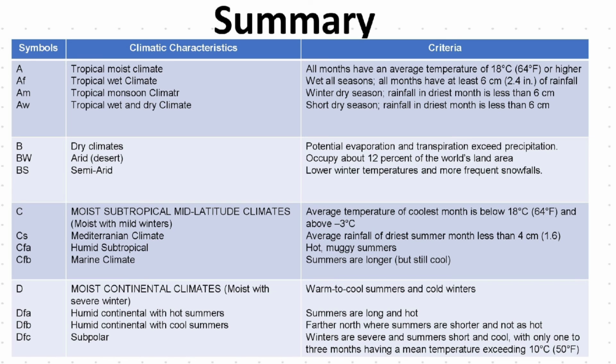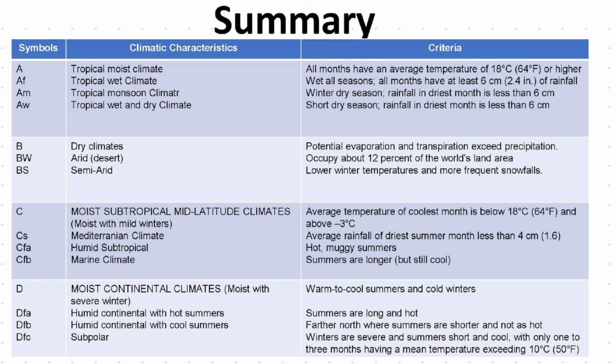Then the next one is DFB, which is humid continental with cool summers, farther north where summers are shorter and not as hot. Then the third one is DFC, or subpolar. Winters are severe and summers short and cool, with only 3 months having a mean temperature exceeding 10 degrees Celsius or 50 degrees Fahrenheit.